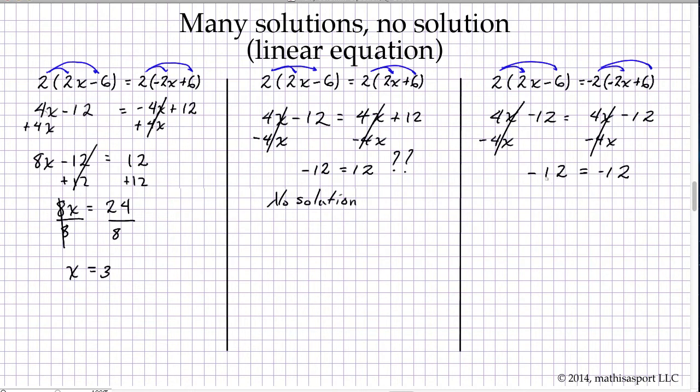Well, this is certainly true, but is it useful to us? Well, in fact, what this is telling us, even though the x's have been eliminated, is that no matter what value of x we choose, we'll always get a correct answer. And so this case is what we call infinitely many solutions.